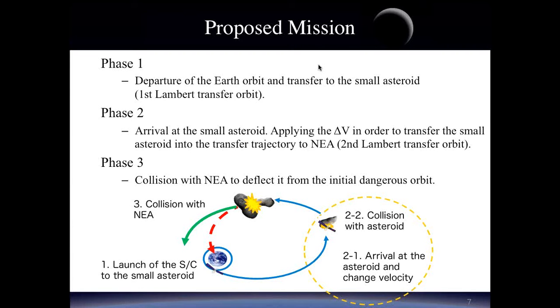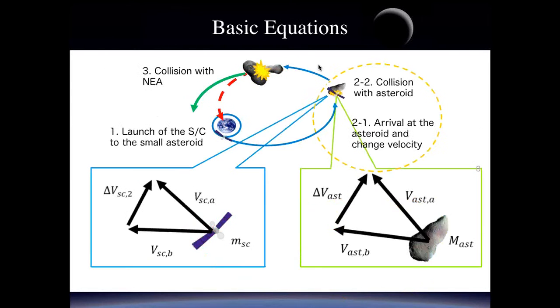And then in the third phase, the second impact between the small asteroid and the near-Earth asteroid occurs. And finally, the trajectory of the near-Earth asteroid will deviate from its original dangerous one.